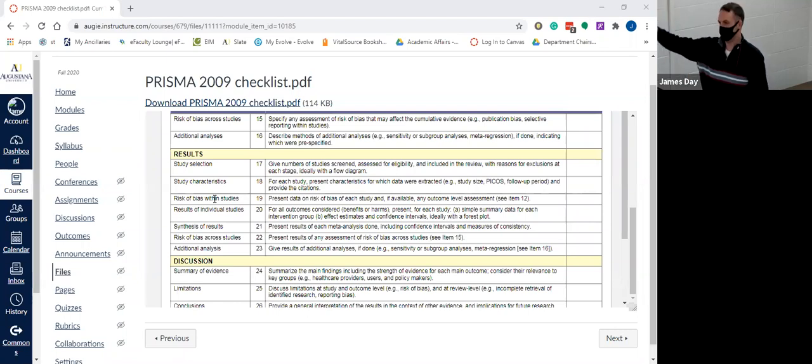If the studies performed very well, with high PEDro scores, said one thing and the lower PEDro score studies said another, in that case you would want to describe a little bit more than just the scores.